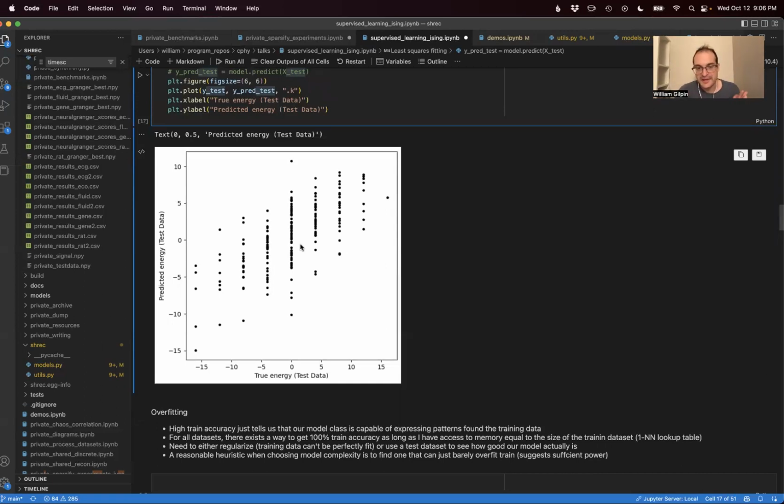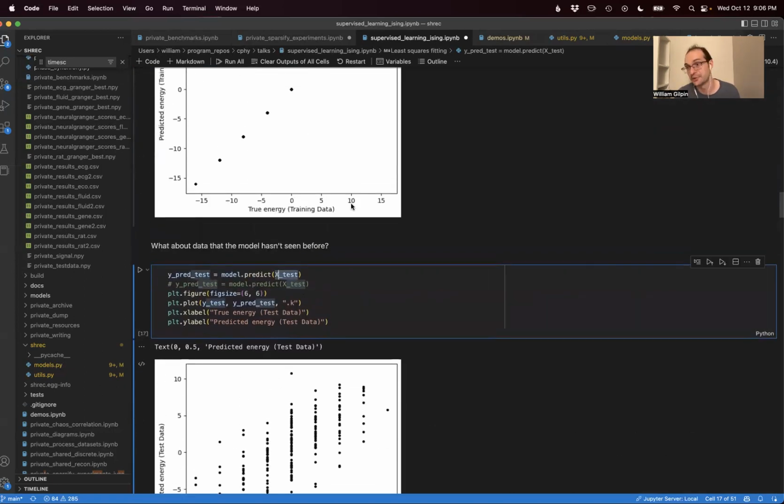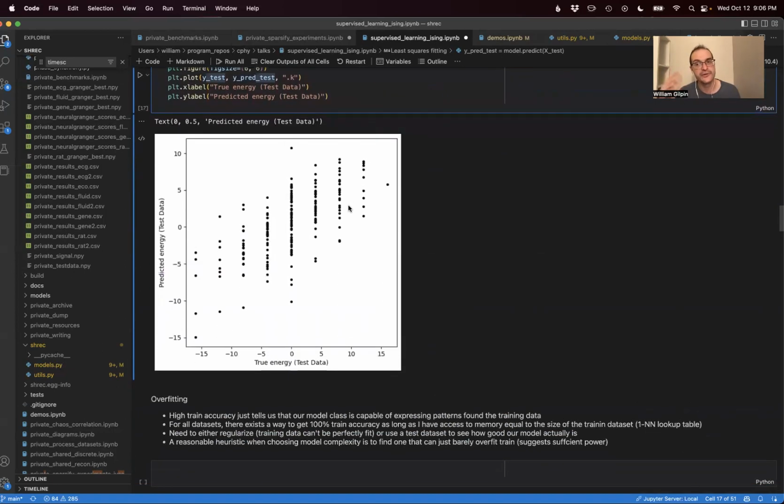It turns out to basically always be the case that for supervised learning, you can probably define a model that will give you 100% accuracy on your training data. It depends on how you've constrained your model, but for things like classification, you could always, for example, come up with a model that looks up the nearest training data instance and gives you whatever its label was. And so if I've under-constrained my problem, like I have here, one possibility is that this J matrix just effectively stores everything it's ever seen.